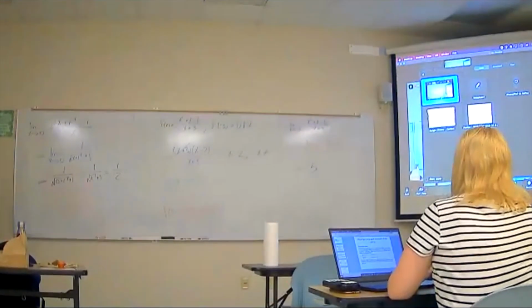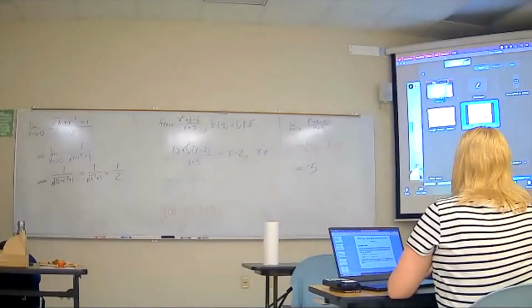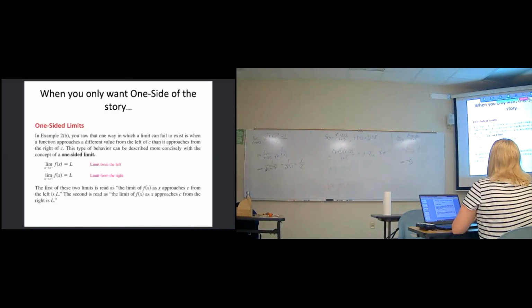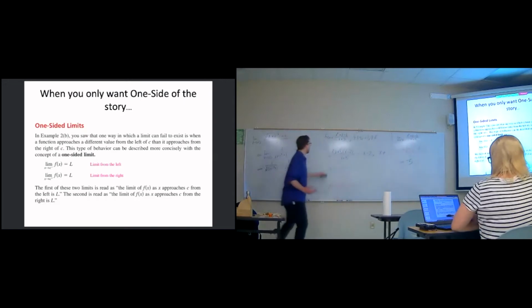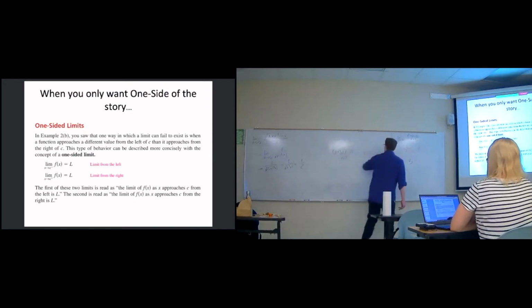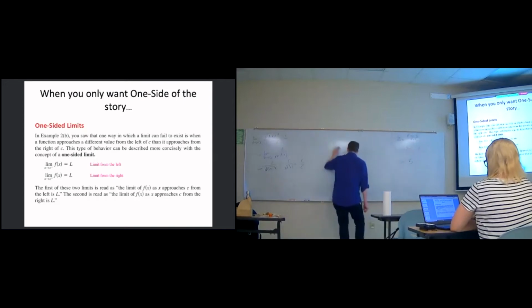All right, come back over here. So what we just saw was the left-hand limit and the right-hand limit. This is the limit as we approach from the left, and this is the limit as we approach from the right. We represent it with a superscript to the right of whatever value we're approaching. So let me write that up here.